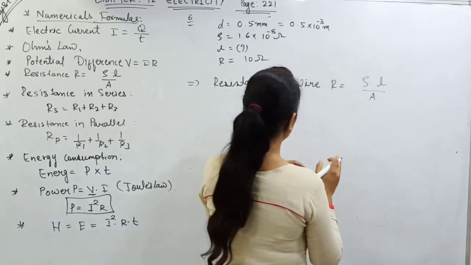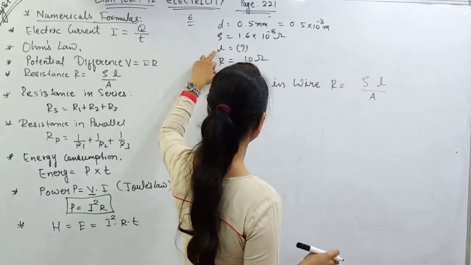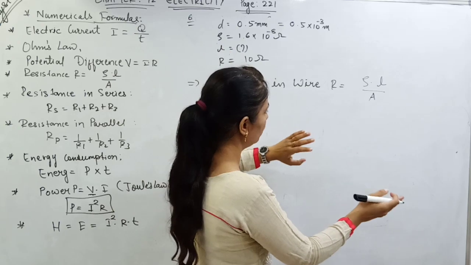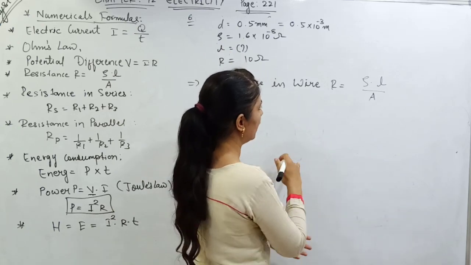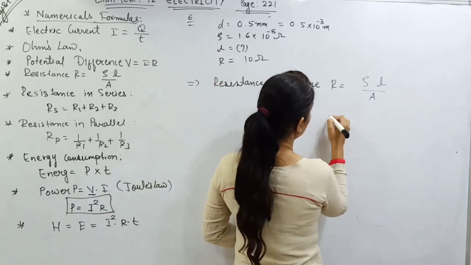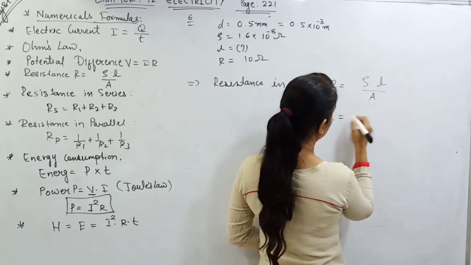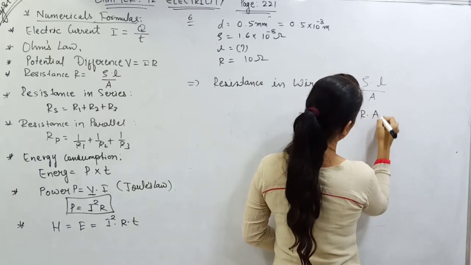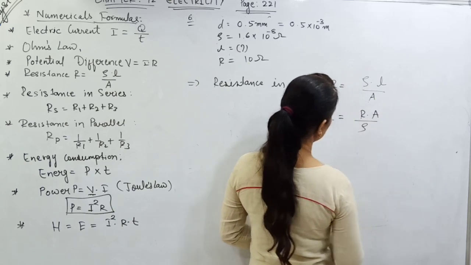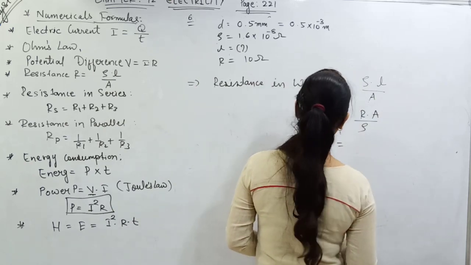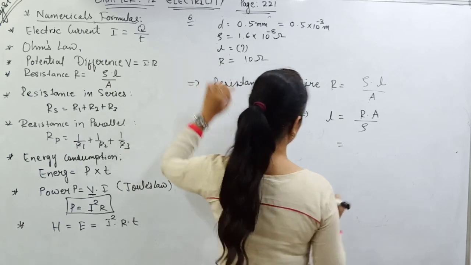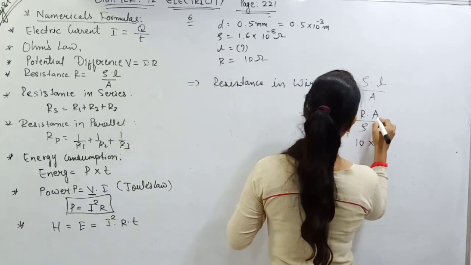Alright, now see, my main question is we have to discover the value of length. So I have to accommodate this equation in terms of L. So I have to make L the subject. So I will take this area to the other side in multiplication. So it will be resistance into area divided by resistivity. So now let me keep the values of it. So resistance is 10 ohm multiplied by area.